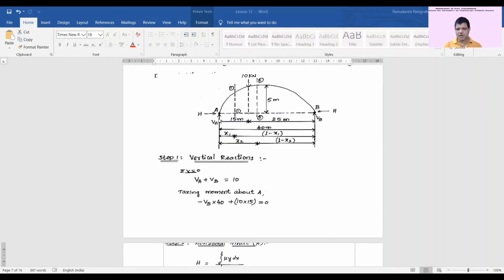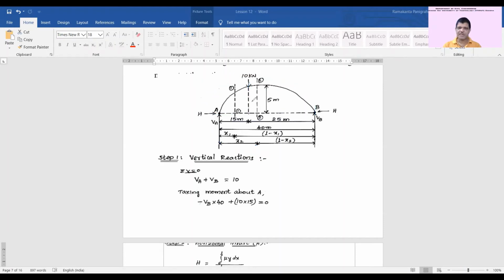This reaction into this distance will give this kind of moment, and this load and this distance will give the other kind; one is clockwise, one is anti-clockwise. So you equate the clockwise moment to the anti-clockwise moment, and that will give the value of VB.